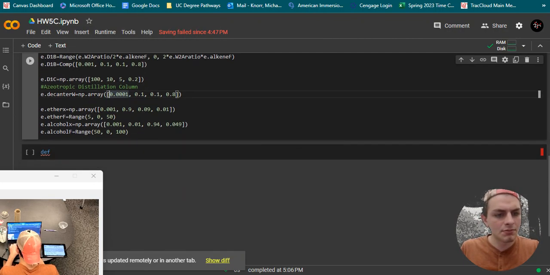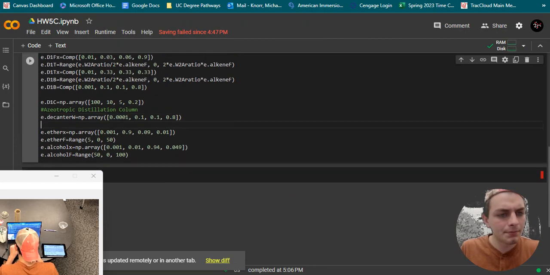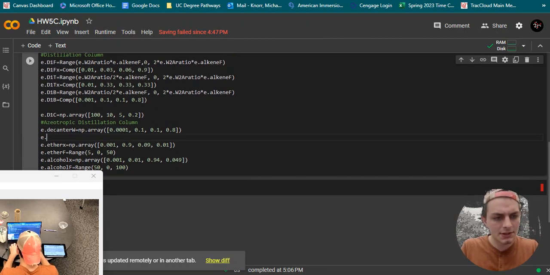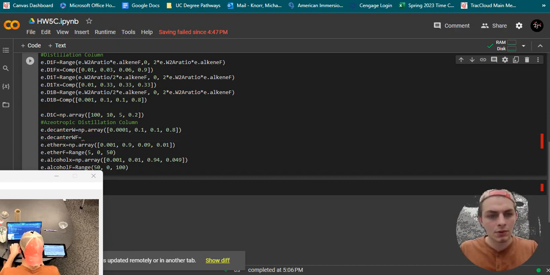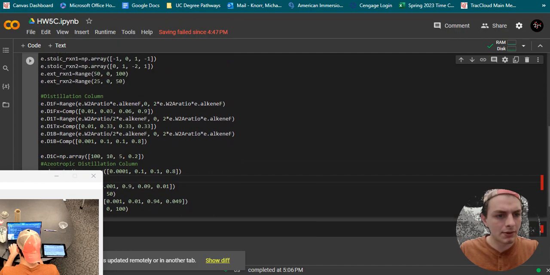And then we also missed, yeah, I think we missed the decanter water flow rate. Water flow rate. Add some unknown as well.